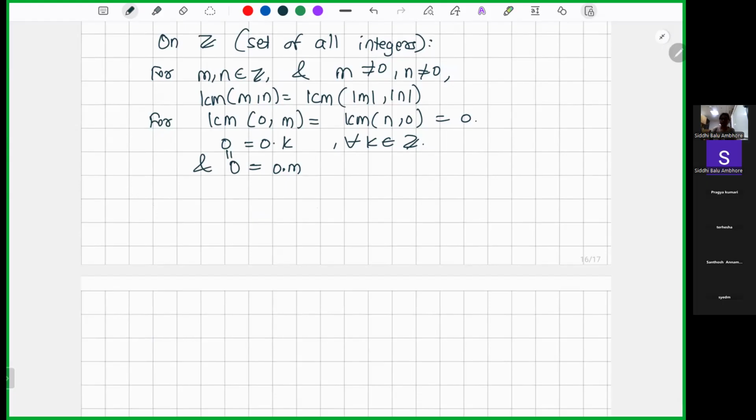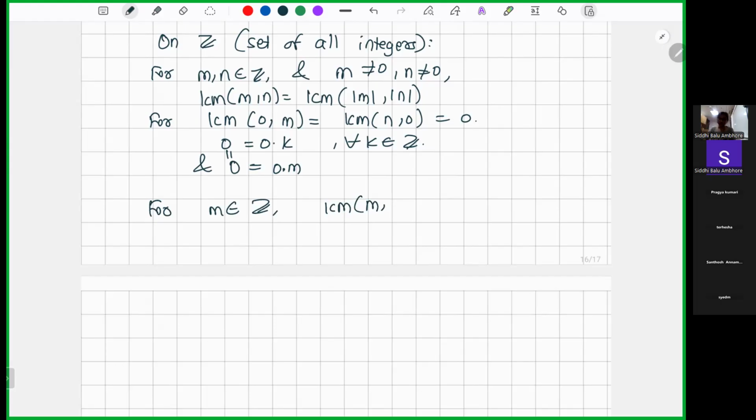So on the bigger set, what would be the inverse? So if I choose m in Z, what I want is LCM of... wait, does this make sense?